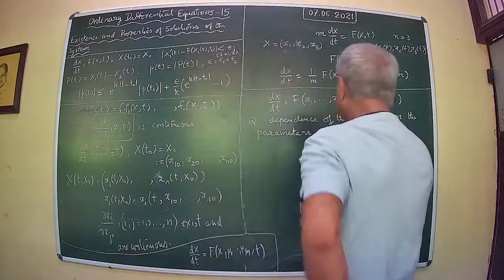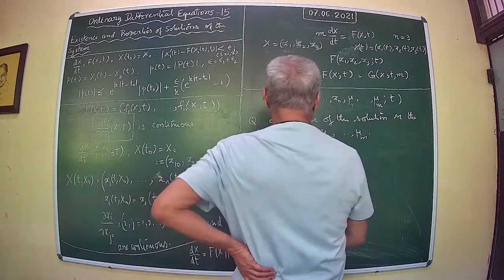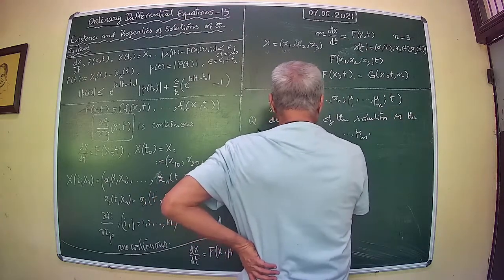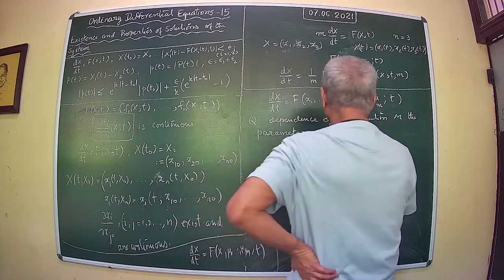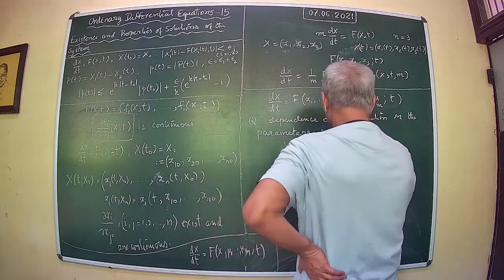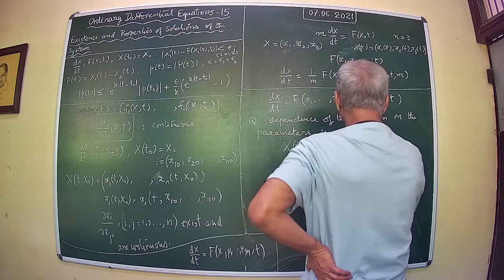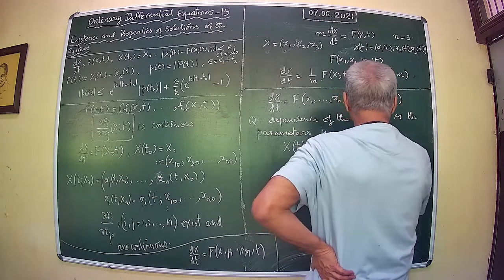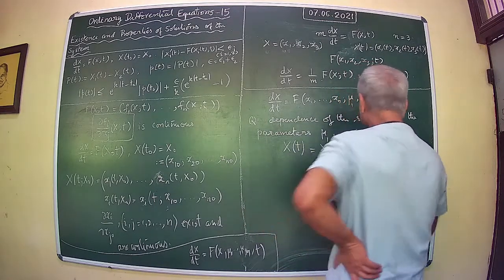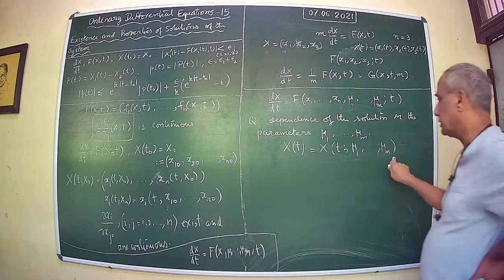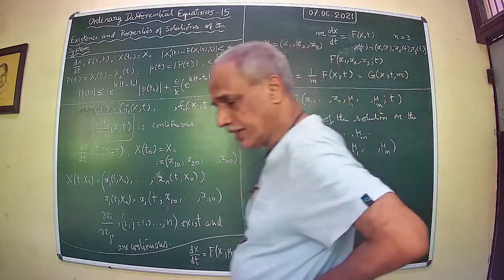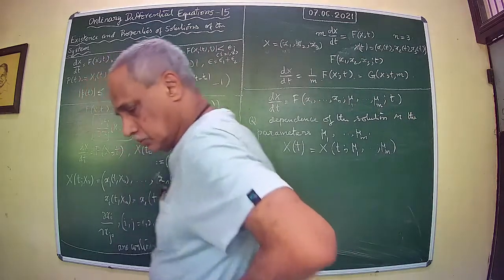The solution that you get would be something like this, x(t), which is x(t, mu1, mu2, ..., mu m). So it's going to be a function of these parameters also. So how do they vary with respect to the parameter?